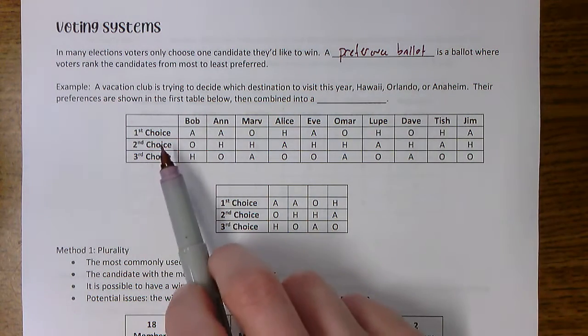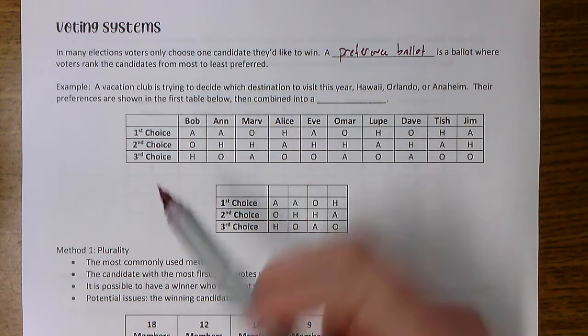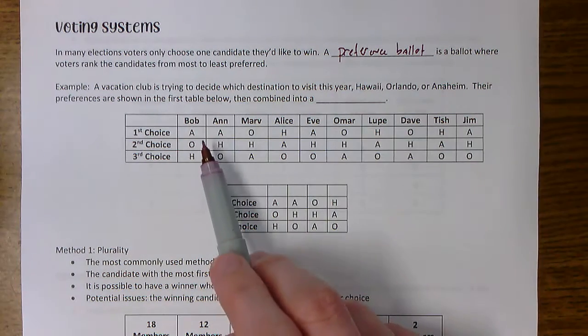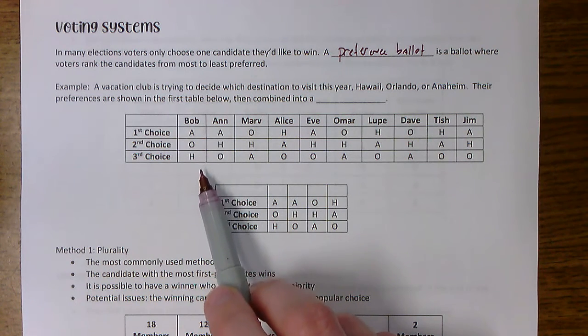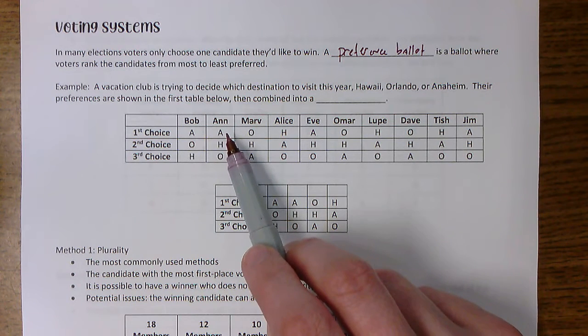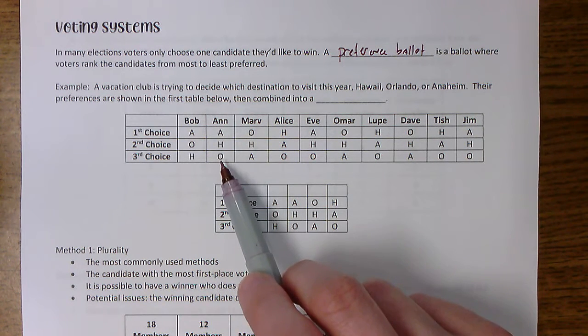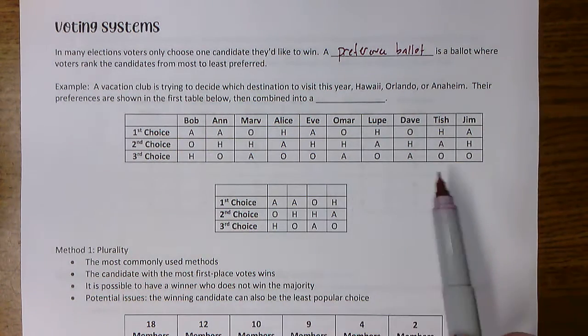You can see that each of these people who had to vote ranked the 3 choices. So Bob, for example, wants to go to Anaheim the most, but if he can't choose Anaheim, he'd rather go to Orlando over Hawaii. Versus, say, Anne, who also likes Anaheim best, but if she can't go to Anaheim, she would rather go to Hawaii than Orlando. Everybody just goes through and ranks them based on how much they like each thing.